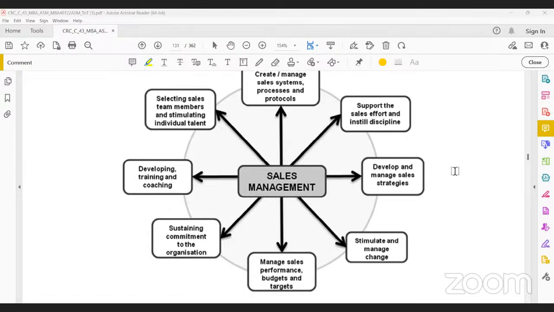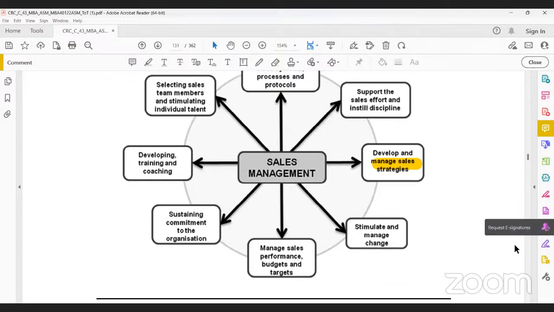For this evaluation system, the strategic management evaluation system, the company also has to stimulate and manage the changes. As per market needs and customer needs, the company has to manage itself. Manage sales performance, budget, and targets. Compare the budget with the actual, and if anything is off, we have to rectify it.